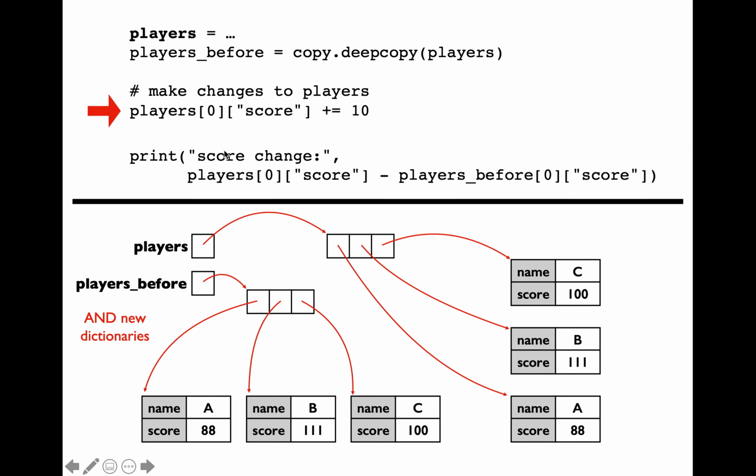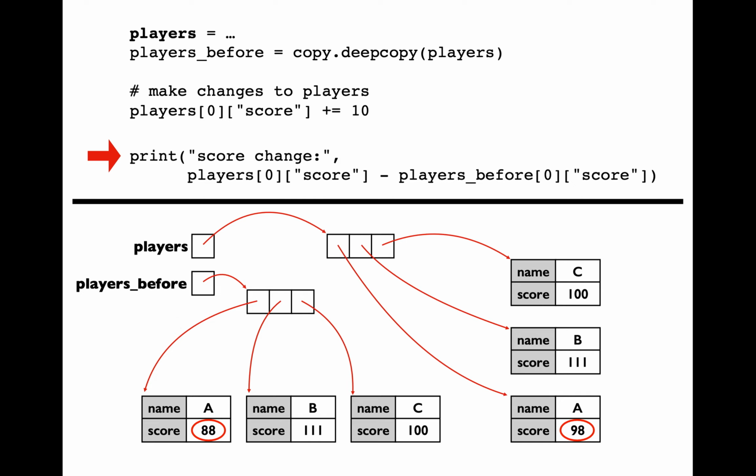Now, when you use the players variable reference to update the value of the score within the index position 0's dictionary, you're going to update the score to a value of 98 here. Observe that the original score remains to be the same value 88 within the deep copy that we just created.